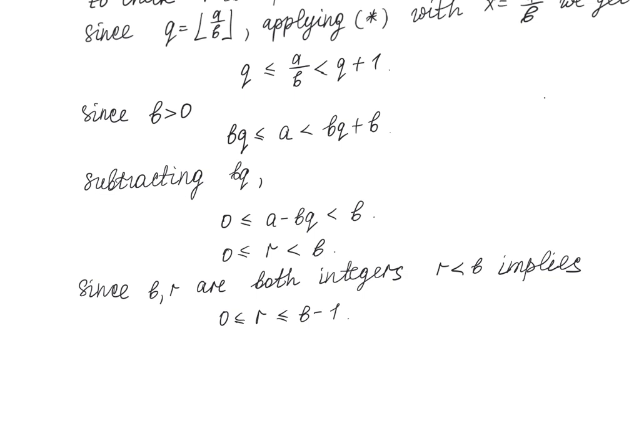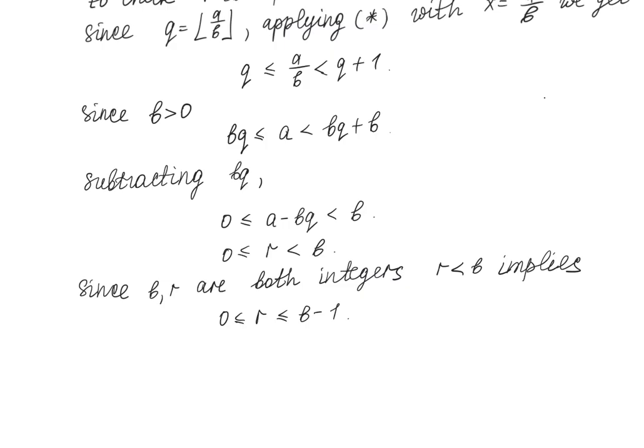Over here, r and b being integers is very important, because if they were just real numbers, for example, let's say r was 0.5 and b was 1, 0.5 is strictly less than 1.